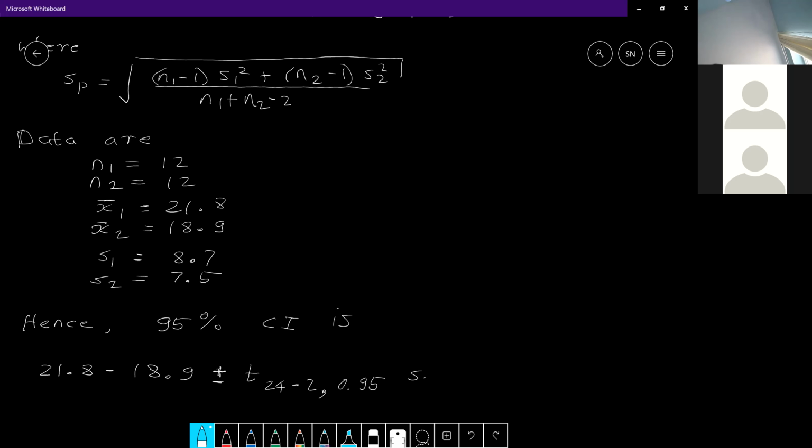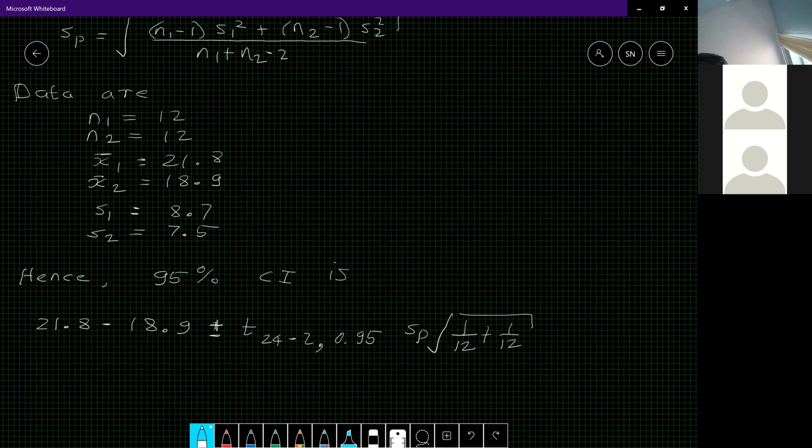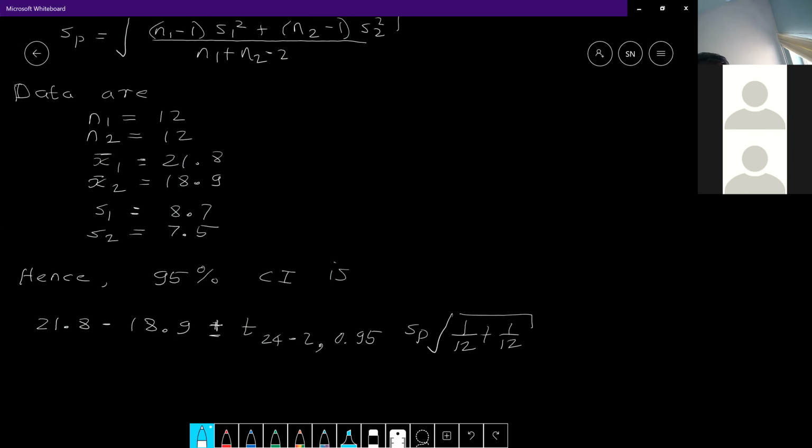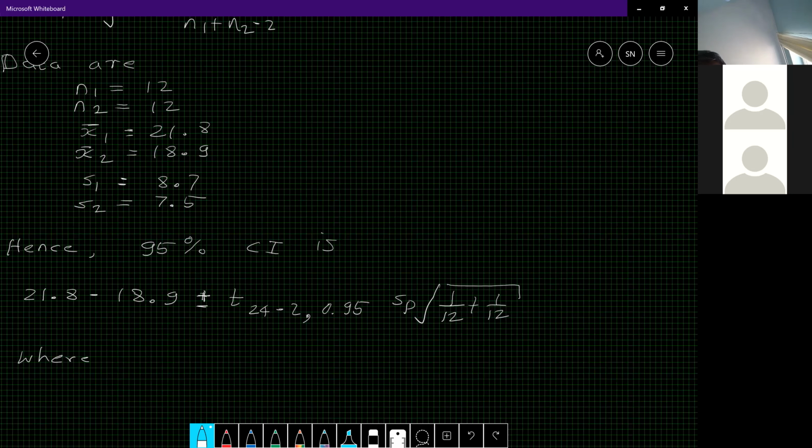I will come back to that later. Sp is the sample pooled standard deviation, times the square root of 1/12 plus 1/12. Okay, so this is the confidence interval, where Sp I'll work out in a minute.